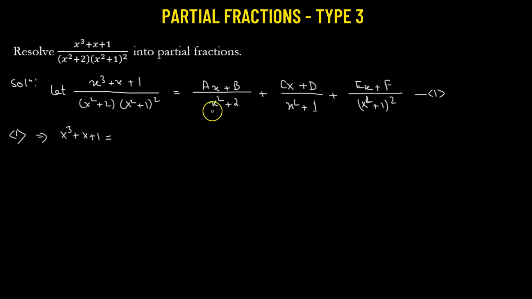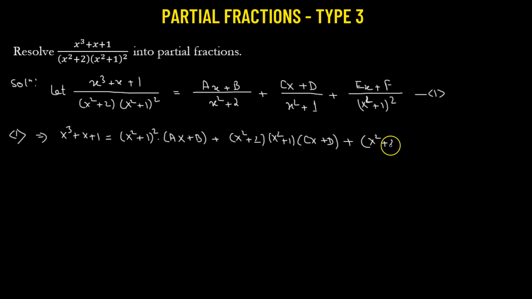Then, after factoring out x squared plus 2, we are left with (x squared plus 1) whole squared multiplied to (ax plus b), plus (x squared plus 2) multiplied to (x squared plus 1) multiplied to (cx plus d). Then we have (x squared plus 1) whole squared, so after we factor it out, we have (x squared plus 2) multiplied to (ex plus f).